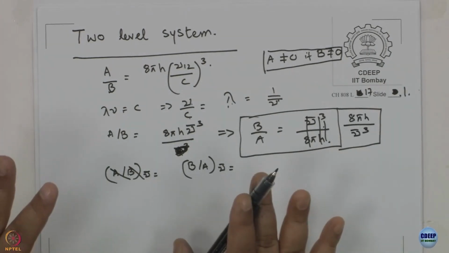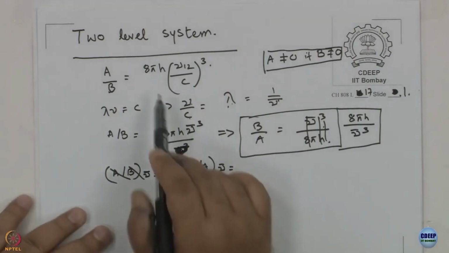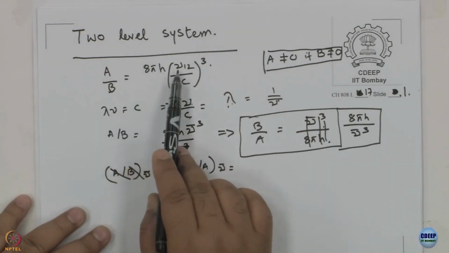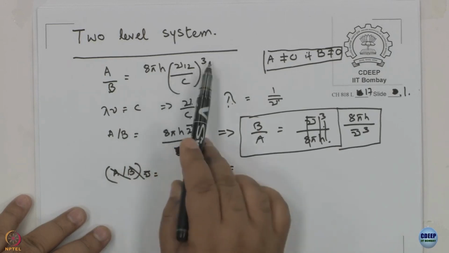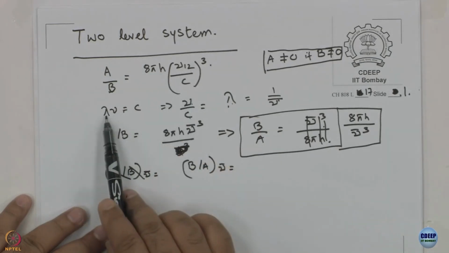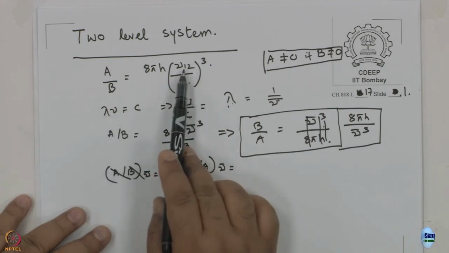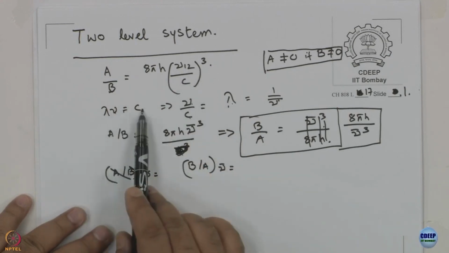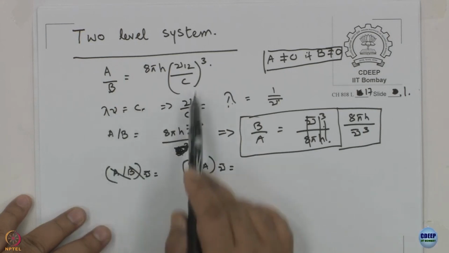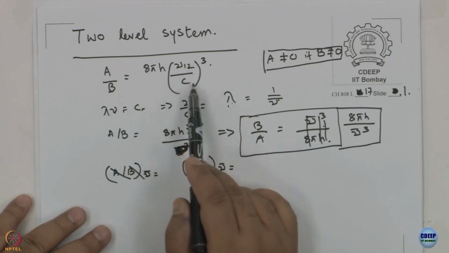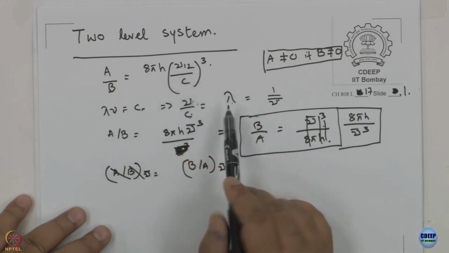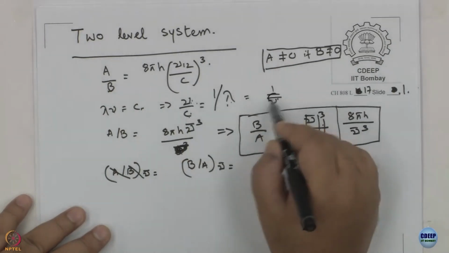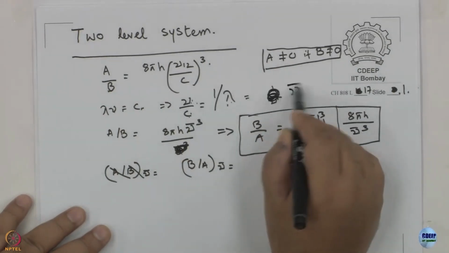Are we clear? I made a mistake here. So, I will just go back once. A by B equal to 8 pi h multiplied by nu 1 2 by c whole cube. So, now then I said I do not want lambda, I do not want nu, I want nu bar. So, I said lambda nu equal to c, therefore nu by c, which is a quantity here, that is equal to 1 by lambda, which is equal to nu bar.